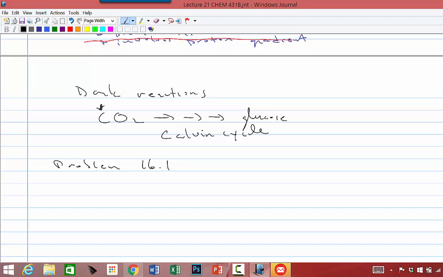Let's get down the equations that we're going to need for this. So the first part is when I see that delta G and I see volts, I need to come up with an equation that converts the volt difference to a delta G value. So that's going to be delta G under standard conditions is going to be equal to minus NF delta E.